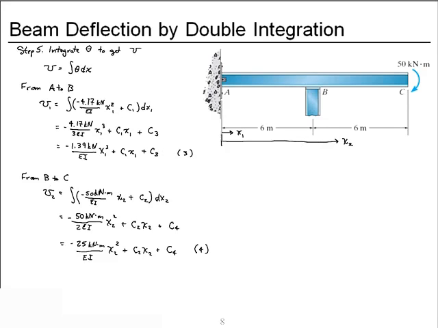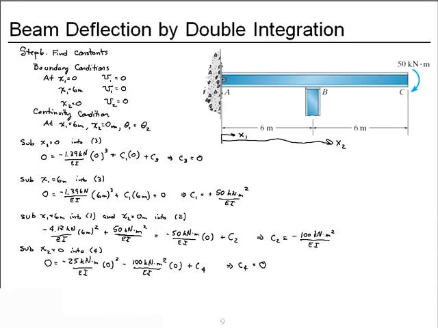We then integrated the two equations of slope to get the two equations of vertical deflection, but because those were all indefinite integrals, we also had four unknown constants to deal with. So we used three boundary conditions and one continuity condition in order to find each of those constants.